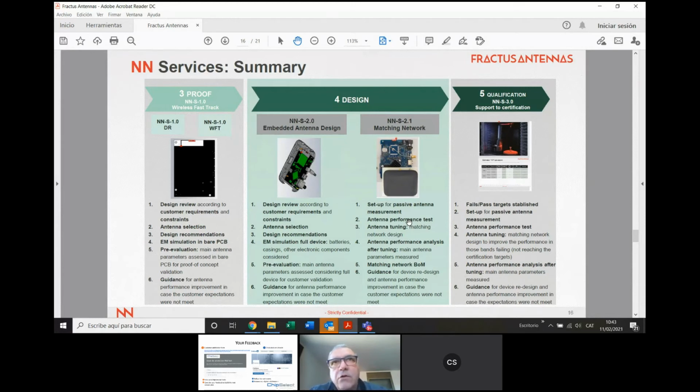Other suppliers, other companies, always make the matching network only with the S11. And we notice that by doing that, this is not the best solution possible because there are many losses in the components. So we are doing it in two aspects. First, to minimize the impedance with the optimization of the return loss, the S11, and on the other hand, to maximize the efficiency, taking into account all the losses in the system, including the losses of the components of the matching network. Okay, so Afed, I hope we answer your question.